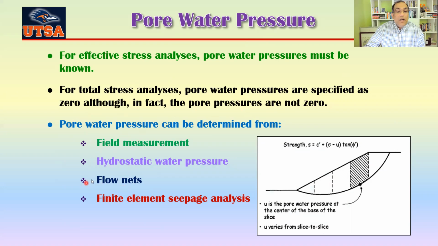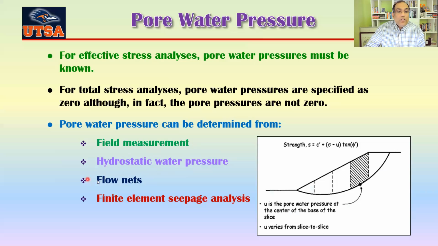Pore water pressure can be determined in 4 different ways: field measurement, hydrostatic water pressure, flow nets, and finite element seepage analysis. Hydrostatic water pressure is very common for existing dams or something; it is the easiest one. You just assume that no flow is occurring.